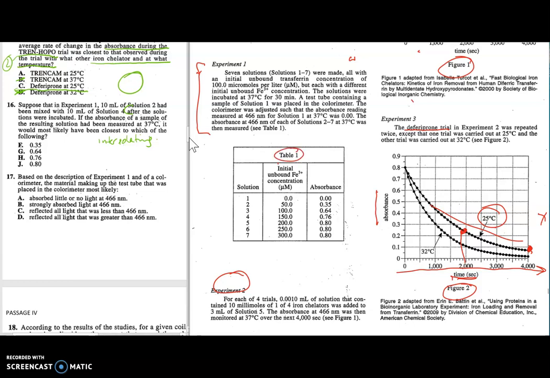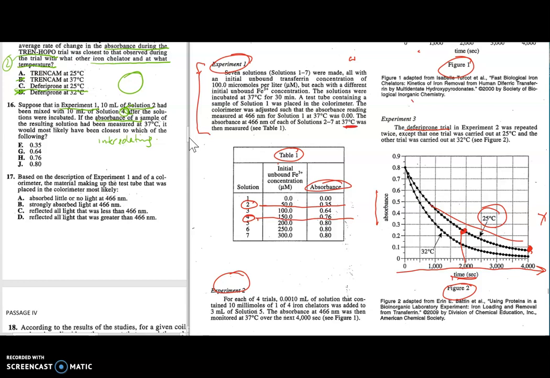So first thing we do, we find experiment 1, and that's here. So we're looking at table 1. Then we have to find solution 2. The second step, we find solution 2. Solution 4, that's that one. So we're looking at these values and these values here. If the absorbance of a sample of the resulting solution had been measured at 37 degrees, yeah, they're at 37 degrees, so we'd have to worry about temperature.